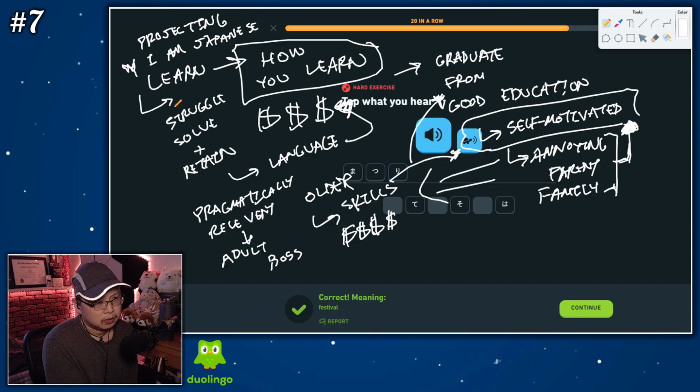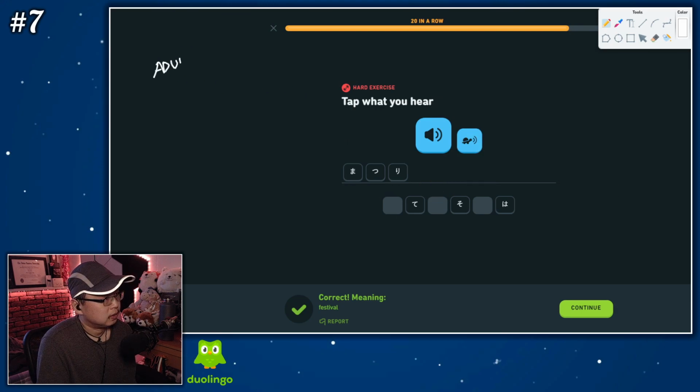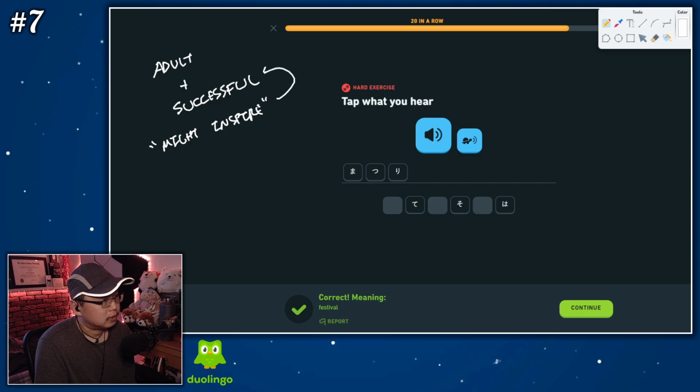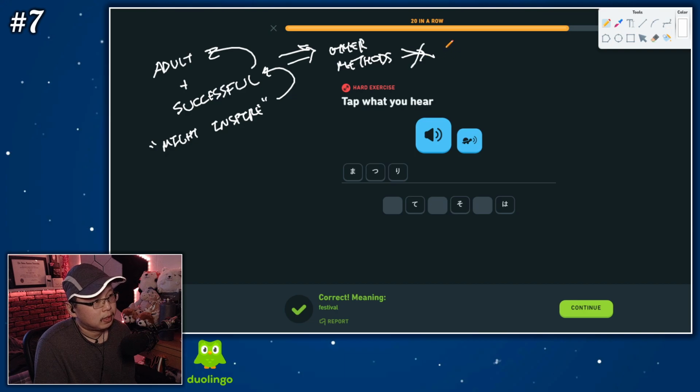Obviously, this stuff doesn't really appeal to an adult who is successful already. So if an adult is already successful, they might be inspired by something. But generally speaking, when you're already successful and you're older, these guys already have their own methods of self-motivation, learning that doesn't depend on other people.